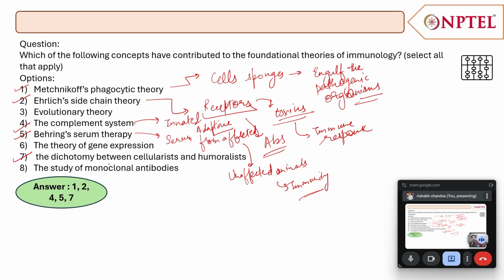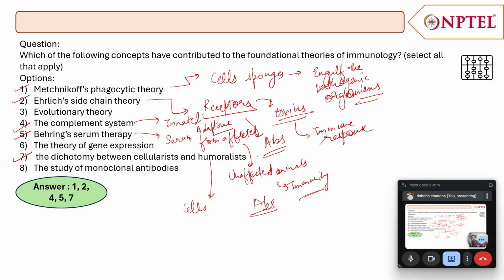Then the dichotomy between the cellularists and humoralists. Some scientists considered that cells are responsible for the immune system, but by the Ehrlich side chain theory, it evolved that the antibodies also help in the immune response. So both groups of scientists have their own views about the immune system, and all these apply in the single immune system.